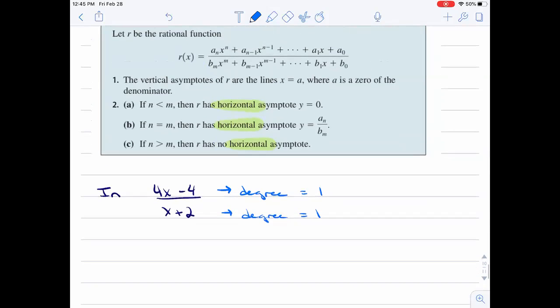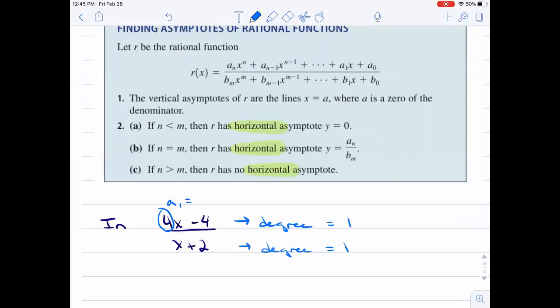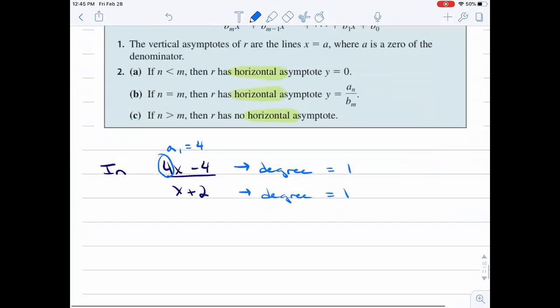A1, or let's just say A1, in this case is 4 and B1 is 1.